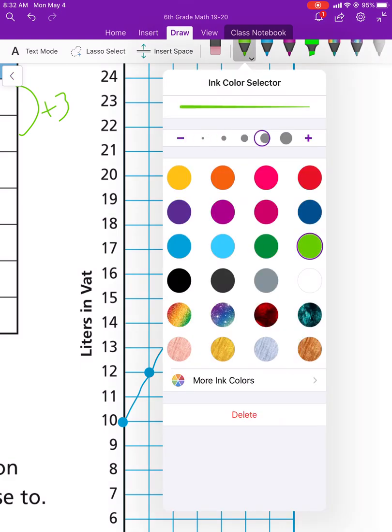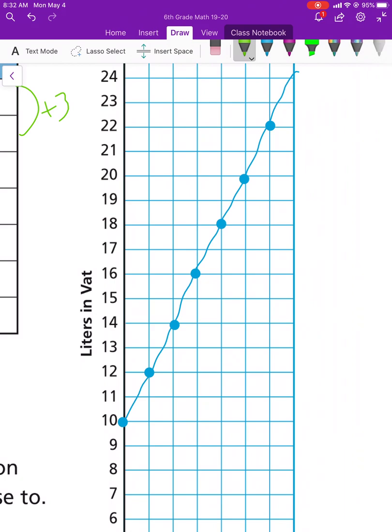Same thing over here. We're starting at the same place, right? We're starting at 0, 10. Except for this one's going up by 3s.